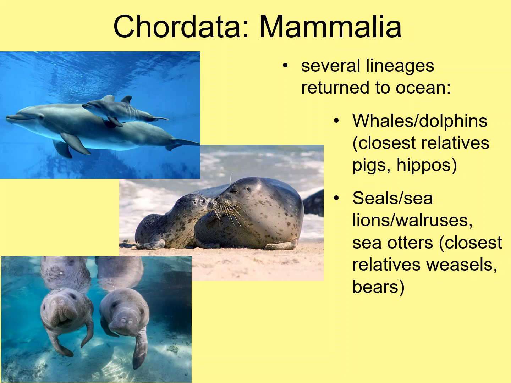And then you have whales and dolphins, whose closest living relatives are actually, well, tapirs and hippos and pigs and things like that. So again, this has happened at least 5 separate times. You've had mammals decide to go back to the water.